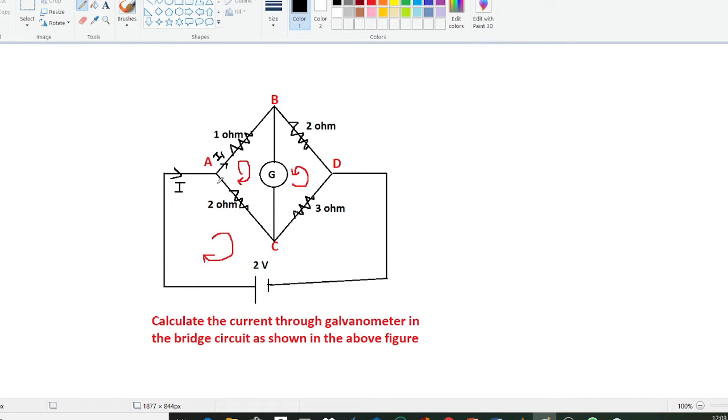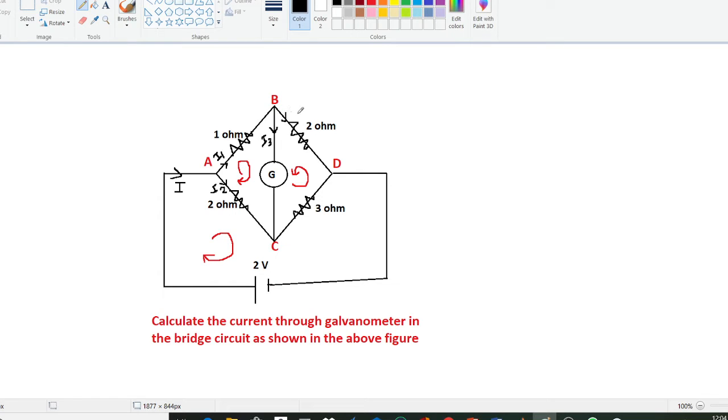Similarly, the current flowing in this branch is, suppose, I2. This is I1, this is I2, and suppose the current flowing through this galvanometer is I3. This is I3.